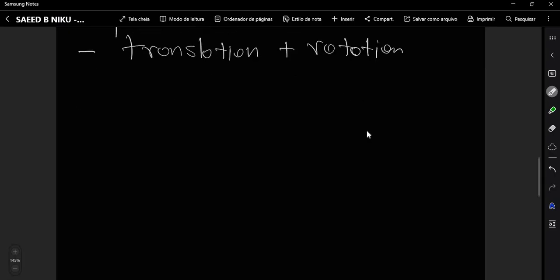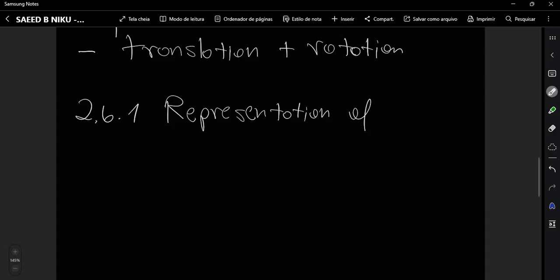So we're going to see first how a pure translation works. The topic 2.6.1 is the representation of a pure translation.